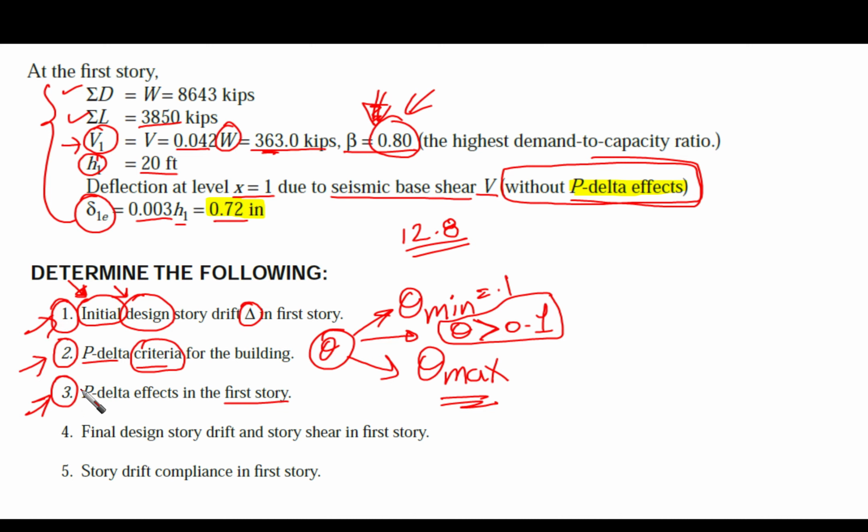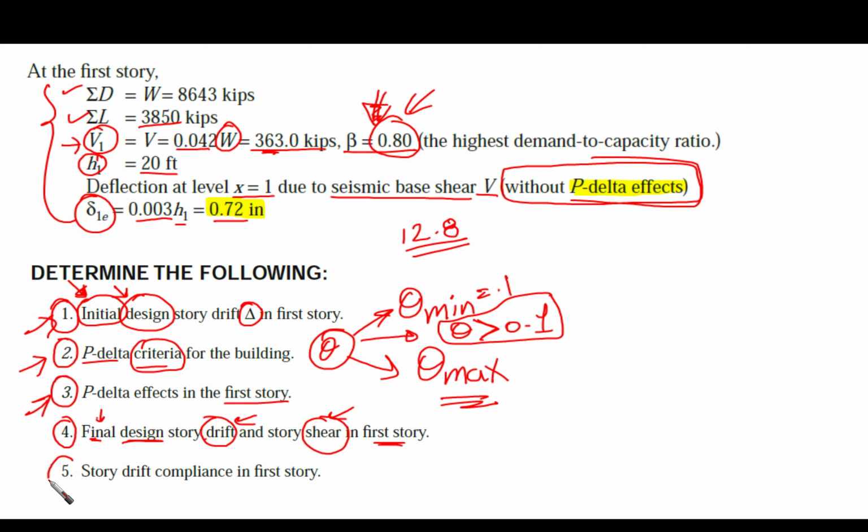And number 4, we want to find the final design story drift. So take care, we're talking about the final. Final means with the inclusion of P-delta, we want the final design story drift and story shear in the first story, of course. So we want the design one after inclusion of P-delta.